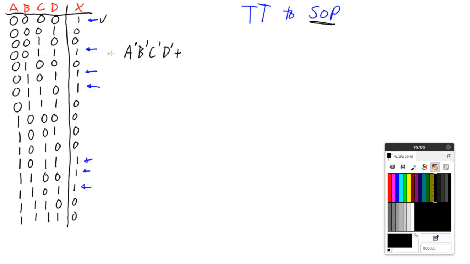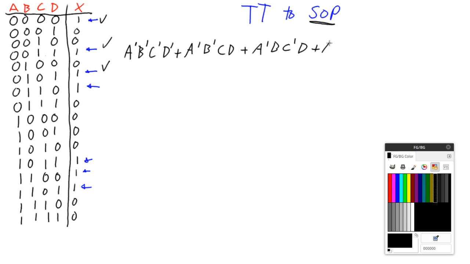We've got A not, B not, C, D. Got that one. Then we've got A not, B, C not, D. All right, that's that one.